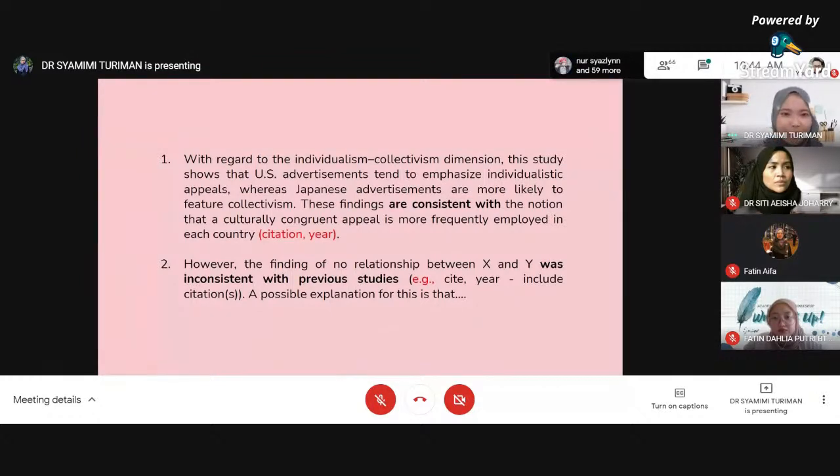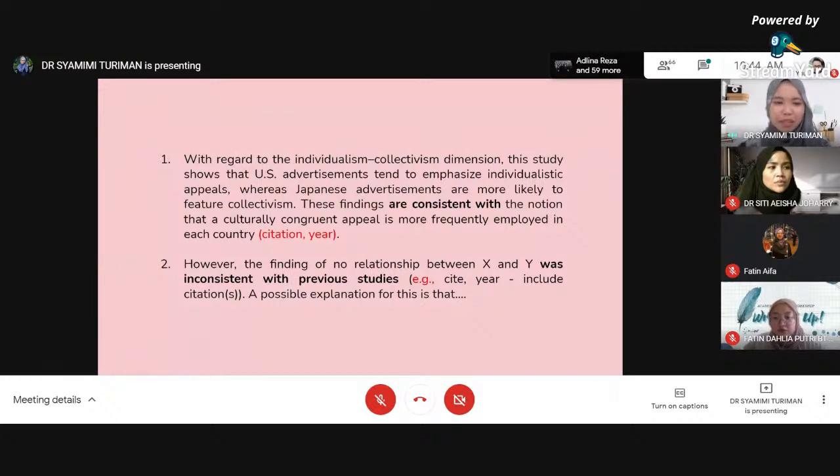As I said, nobody will penalize you if your finding is not similar with previous findings, but that would be very, very rare, I would say.